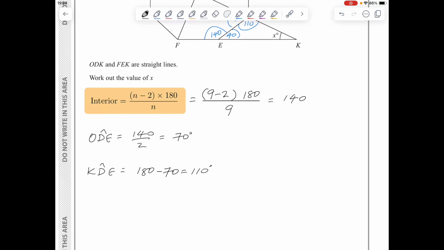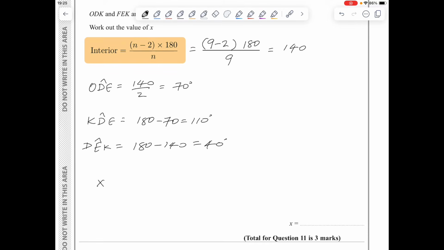And similarly for DEK, which was 180 minus 140, and this was equal to 40. And finally, angle X was equal to 180 minus the other 2 angles in the triangle, and this comes out to be 30. And this is my final answer.